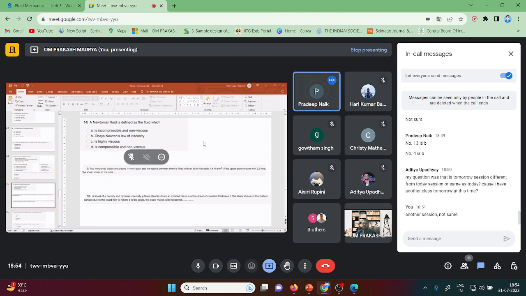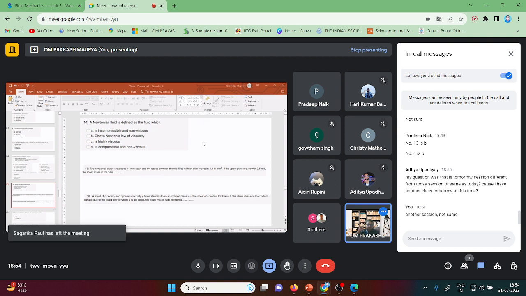Question number 14 is about a Newtonian fluid, defined as a fluid which is incompressible and non-viscous, obeys Newton's law of viscosity, or is highly viscous. Option D is incompressible and non-viscous. As you all know, this is the very first definition in fluid mechanics. Please give your answer in the chat box.